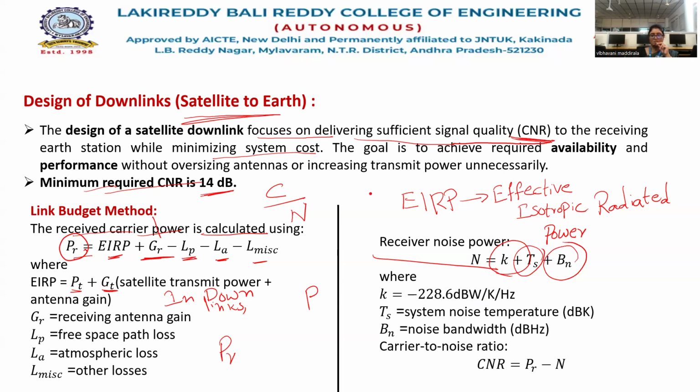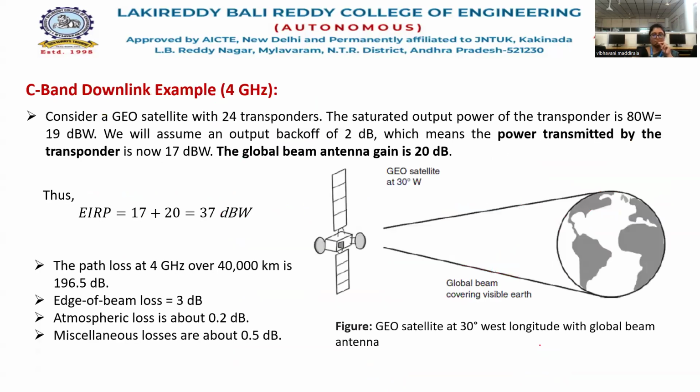That is why the ratio C by N, in decibels, we are getting as PR minus N, received power minus noise power.